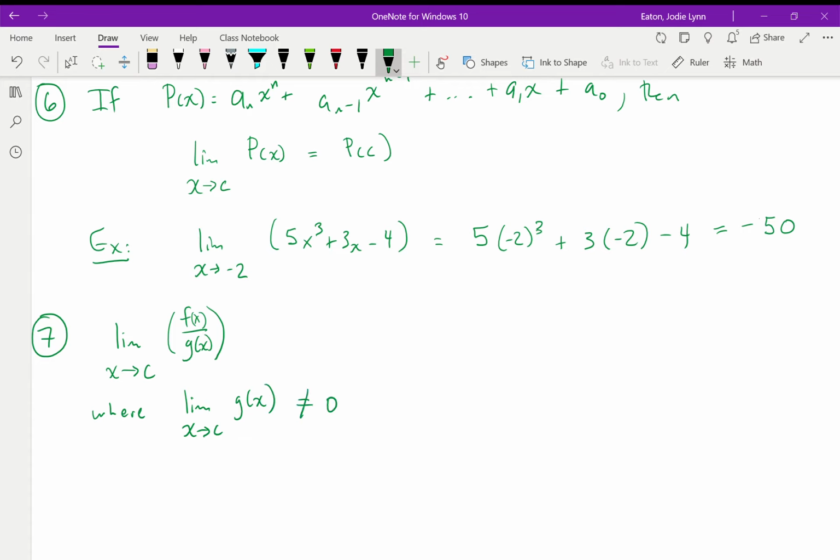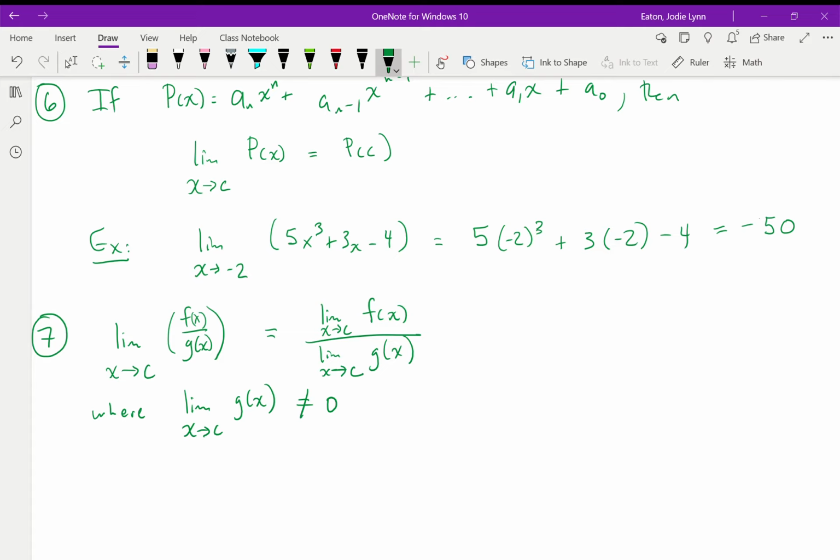So we have some function and we know that the limit as x approaches c is not 0 for the function in the denominator. Then this is equal to the limit as x approaches c of f of x over the limit as x approaches c of g of x. So the rule for the division is fine as long as for the point c, the g of x is not approaching 0, as long as we pick a nice point, which is the vast majority of all points for these functions where you are dividing.